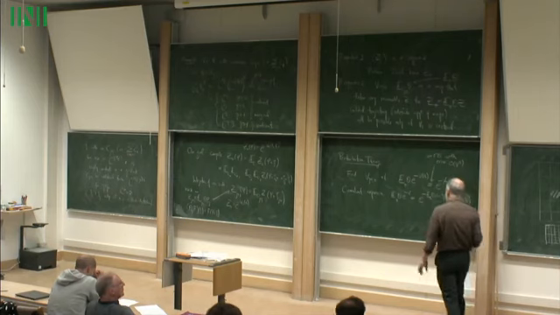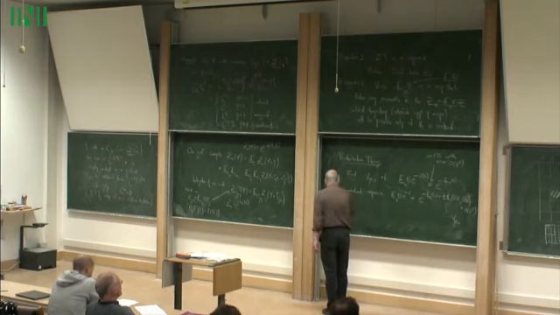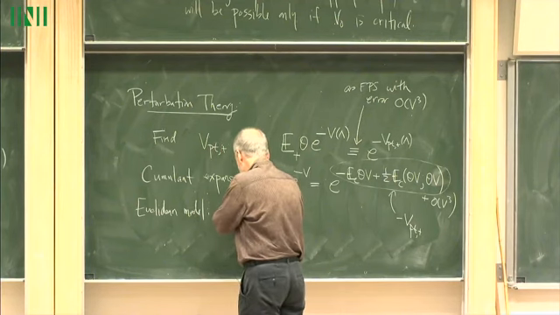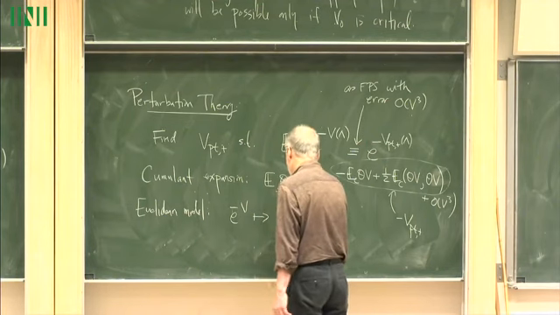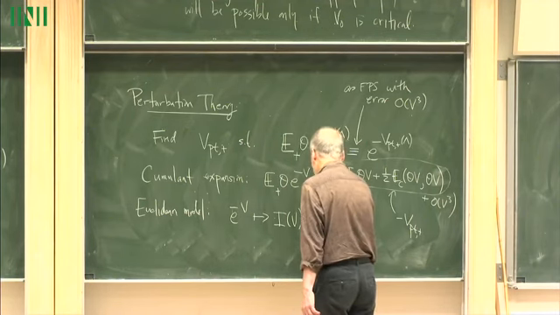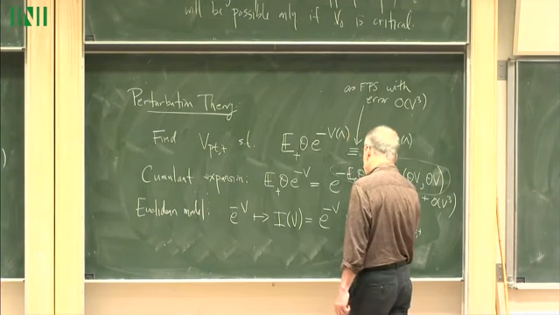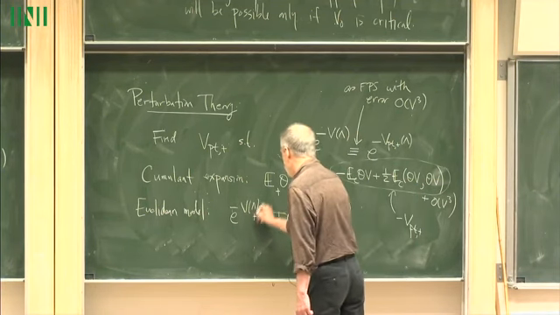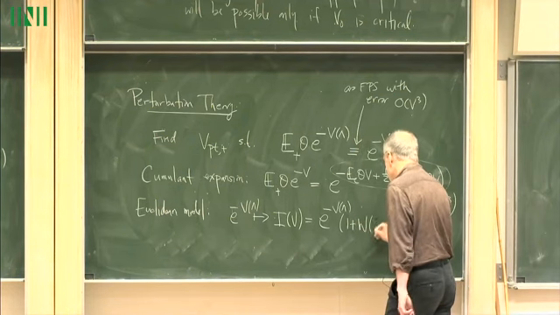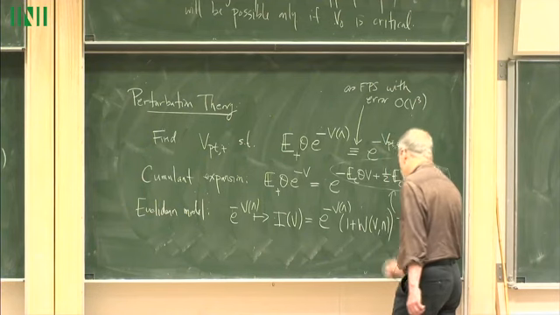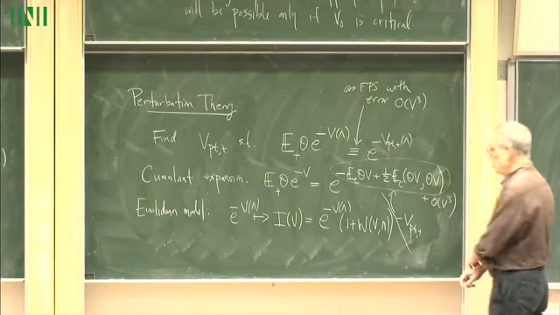So in the Euclidean model, the way to deal with this is to replace e to the V by something else, which we call I of V, which has an e to the minus V lambda in it. But then there's also another term, which depends on V and on lambda as well, that goes downstairs.